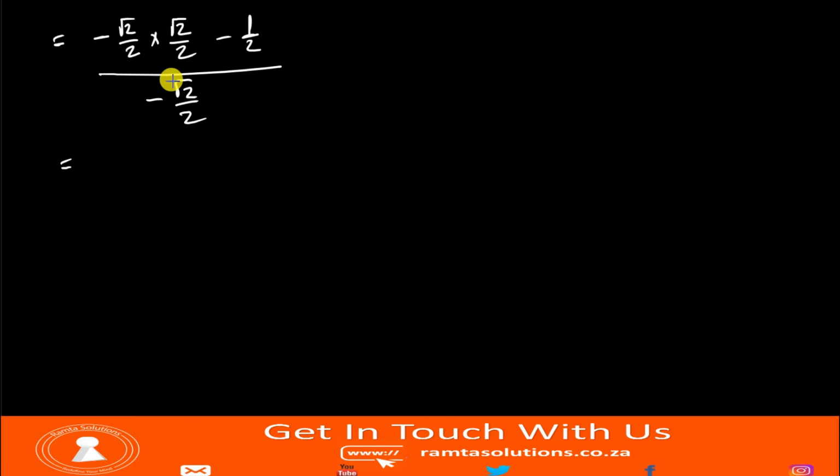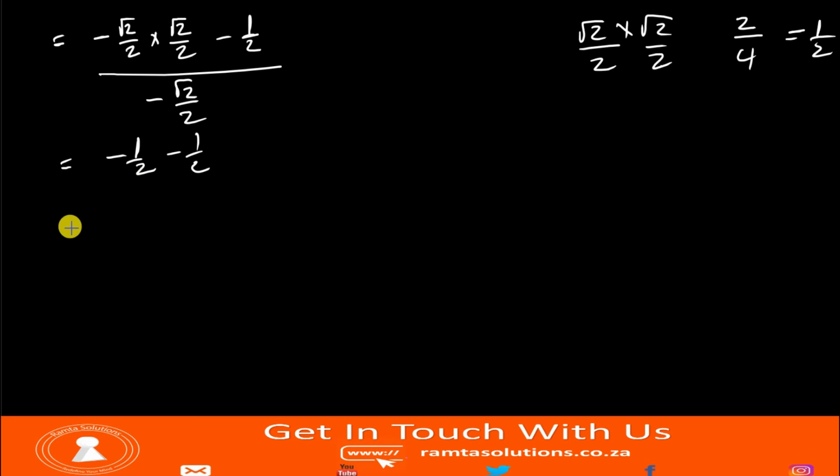Negative root 2 times root 2 is basically root 2 times root 2, so it's basically 2. 2 times 2 is 4. So this is half. So what do you have? You have negative half minus half, all over negative root 2 over 2. What is this?